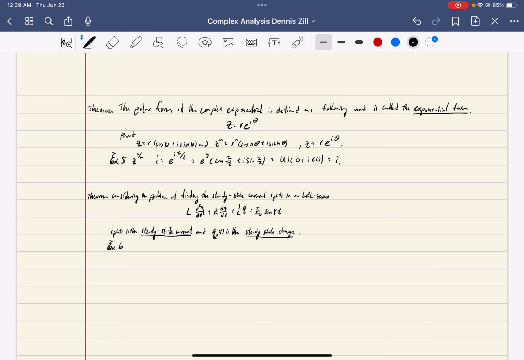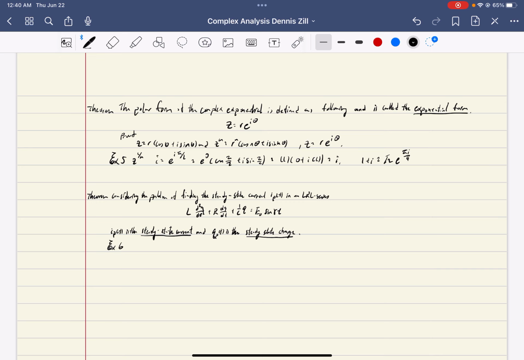So now, if you have 1 plus i, then if you find the r, right, you calculate the modulus of it, so that's square root of 2, and you find the argument of it. Well, you do the inverse tangent, right? So that is equal to pi over 4, right?